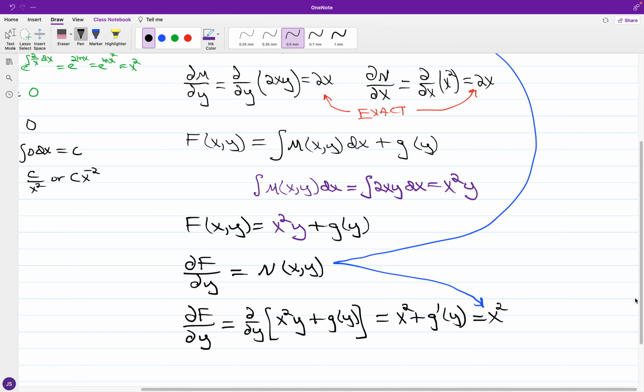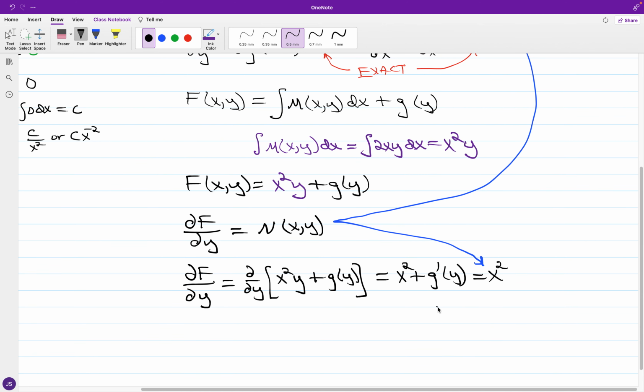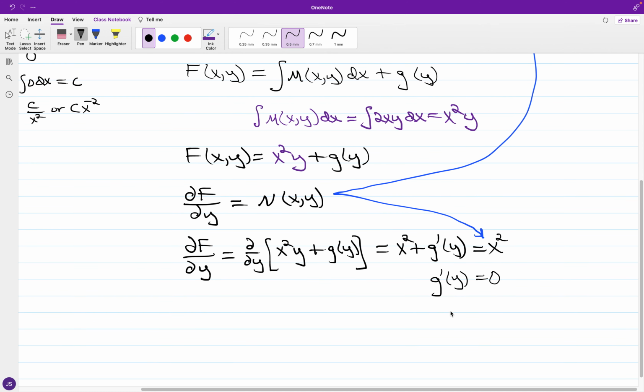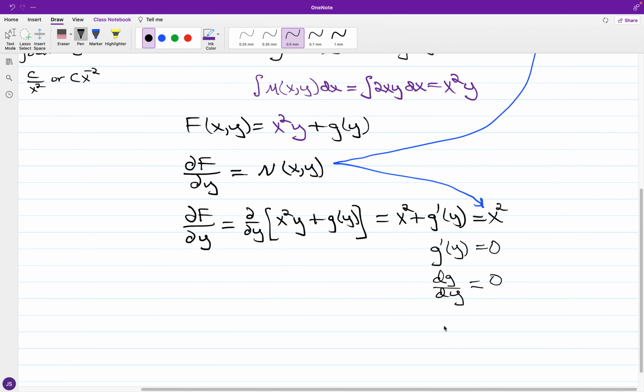And if you notice, we have identical terms on both sides. So right away, g prime of y is equal to 0. And for g, that is going to be equal to a constant. Once you separate dg and dy, we get dg is equal to 0 dy, and the antiderivative gives g of y equal to a constant.